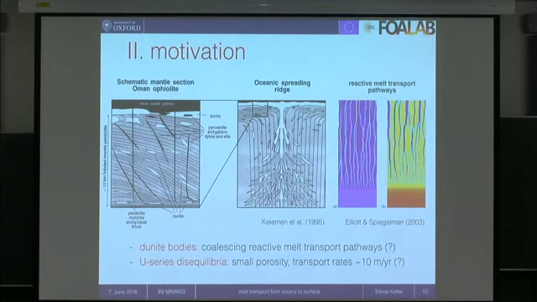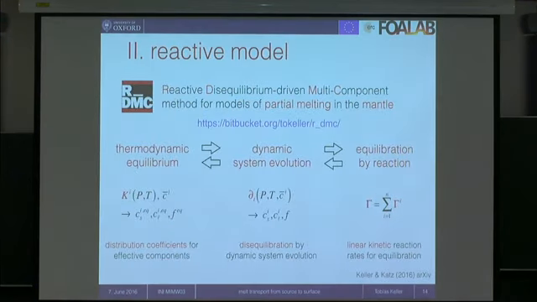That has led to the idea that there might be a coalescing framework of channels beneath a ridge axis that channelize melt quite efficiently into the ridge axis, and some simplified models in upwelling column geometry have recovered systematics that look pretty much like the idea of that model. And so the question really is, what do volatiles add to this picture? Do they give any additional information about channelized melt transport?